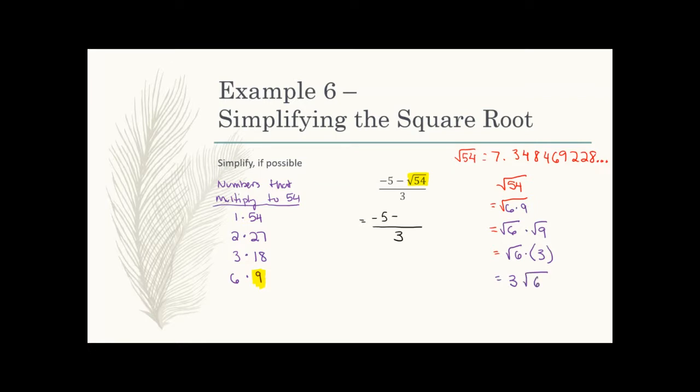We usually put the square root in back, not in the front. So I should have here negative 5 minus 3 times the square root of 6, all over 3. So I wrote the wrong number. Apparently I don't know my times tables today, and that would explain why you were confused. Thank you for finding that. I was just going with it.